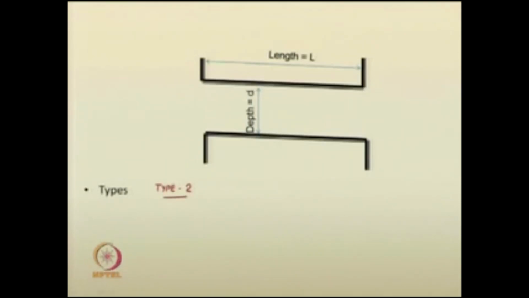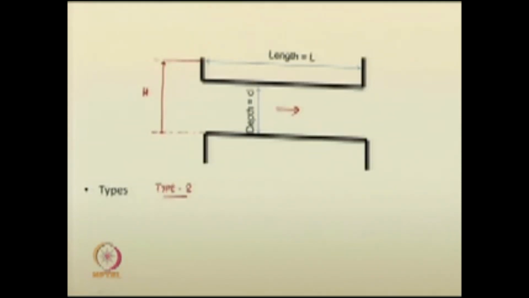What is type 2 flow? In type 2 flow, say this is your headwater depth, the depth of the culvert is given, flow is occurring in this direction, and inside the culvert it is almost full.